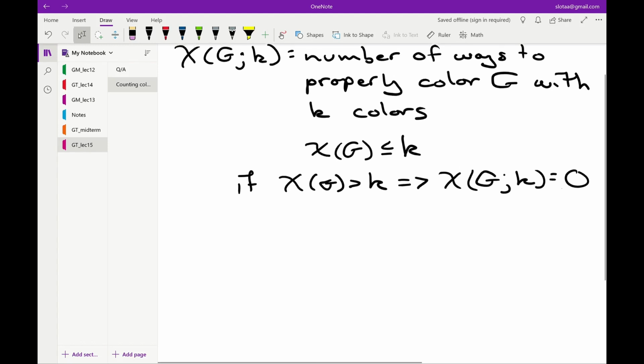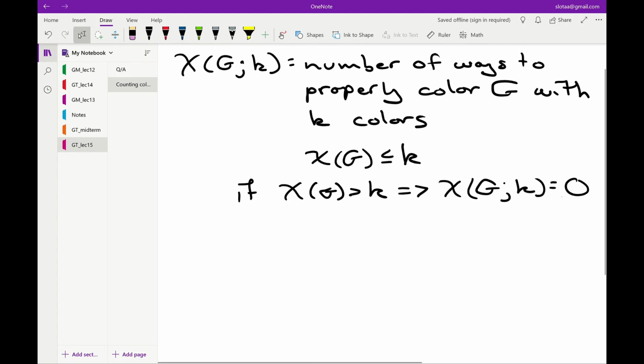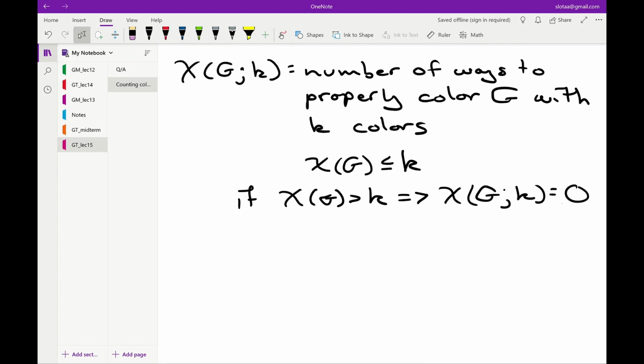So let's think about this function. Again, this defines the number of ways, given some graph G, that we can properly color that graph G with K separate colors. First, let's consider the clique K sub n.